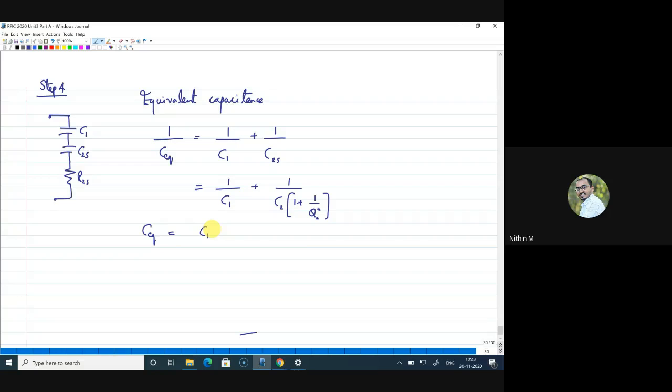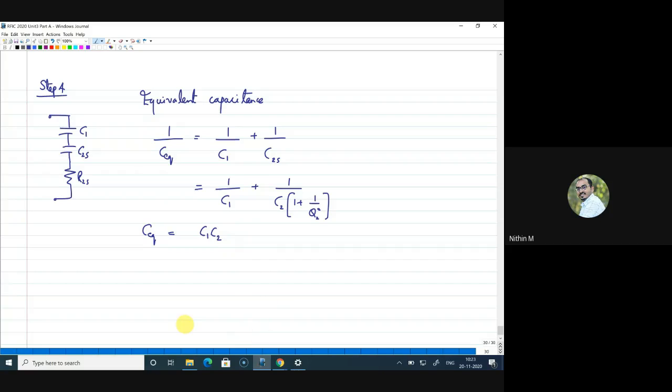Prakash Bhatt? Yes, sir. Prakash, can you tell me what we get as the equivalent? C1 C2 into 1 plus 1 by Q square whole divided by, the C1 plus C2 into 1 plus. Yeah, I didn't simplify it. I'll do it in a minute. All right, do it.